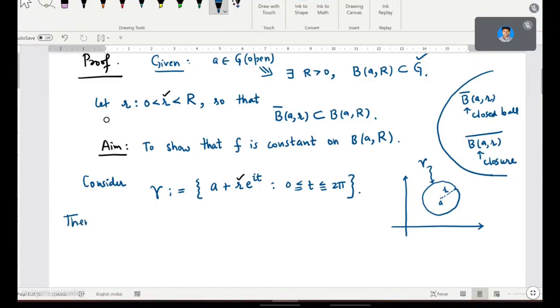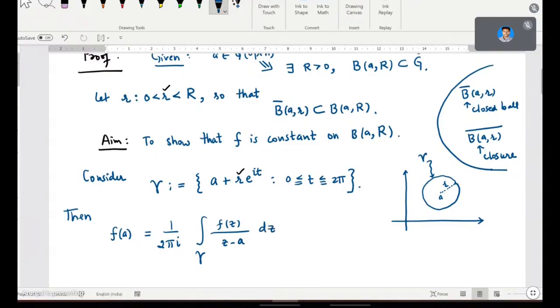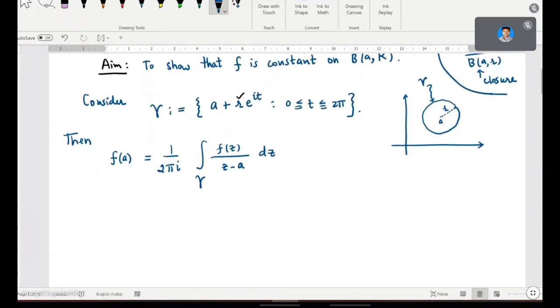Then the value of f at A will be equal to 1 upon 2 pi i times the integral over gamma of f(z) divided by z minus a, dz. I hope you must have got immediately what I have done. I have just used Cauchy's integral formula.